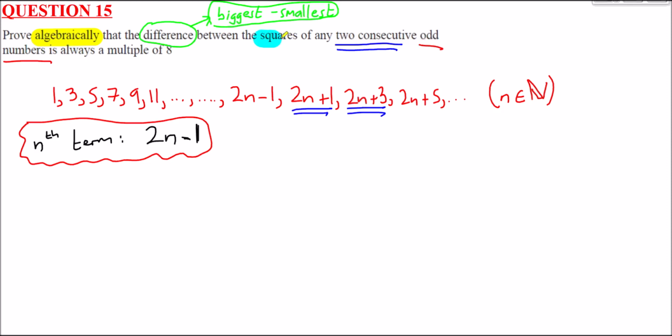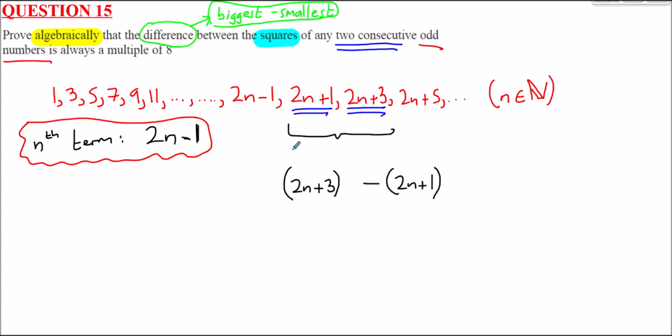So what we need to do here is take these 2 odd numbers and work out the difference, not between them, but the difference of their squares. So the difference is the biggest minus the smallest. The biggest one is 2n plus 3. I'm going to minus away the smaller one, which is 2n plus 1.